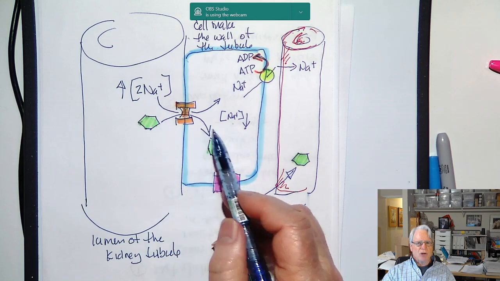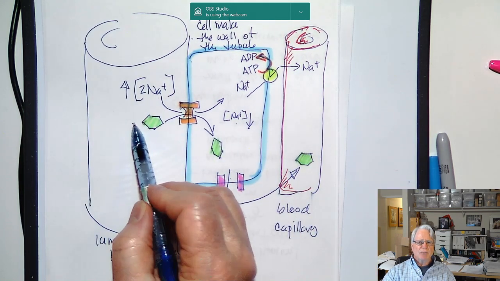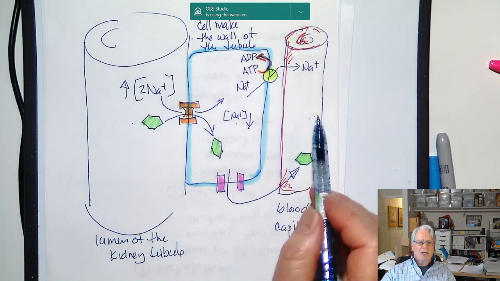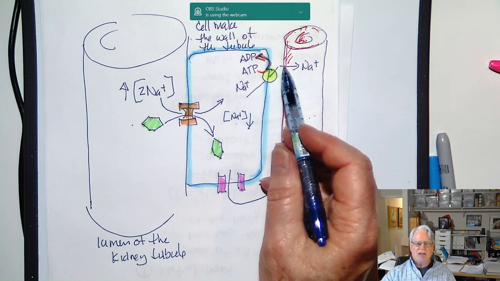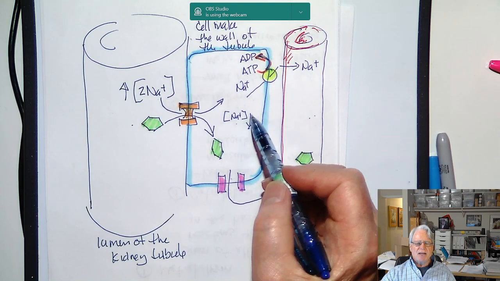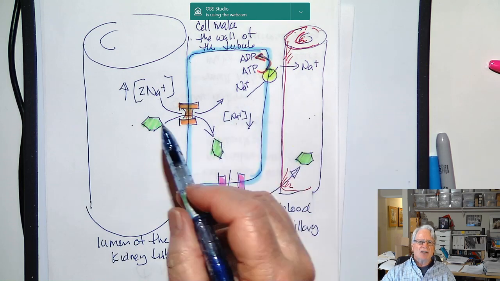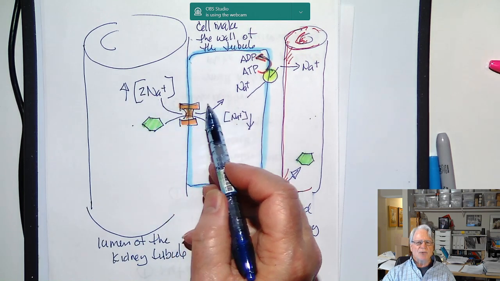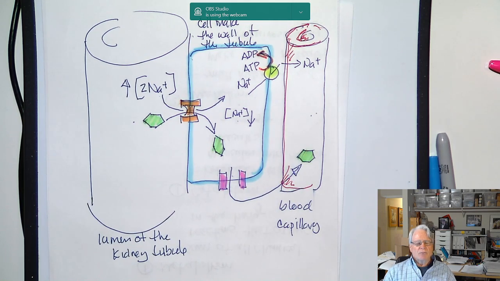We want more of that back into, we've already filtered it, that's why it's here, but we want to bring it back into the blood. And the mechanism we're doing that is we're using energy here to create a low concentration of sodium inside the cell so that the sodium will want to come through and drag with it that molecule of glucose. This is secondary active transport.